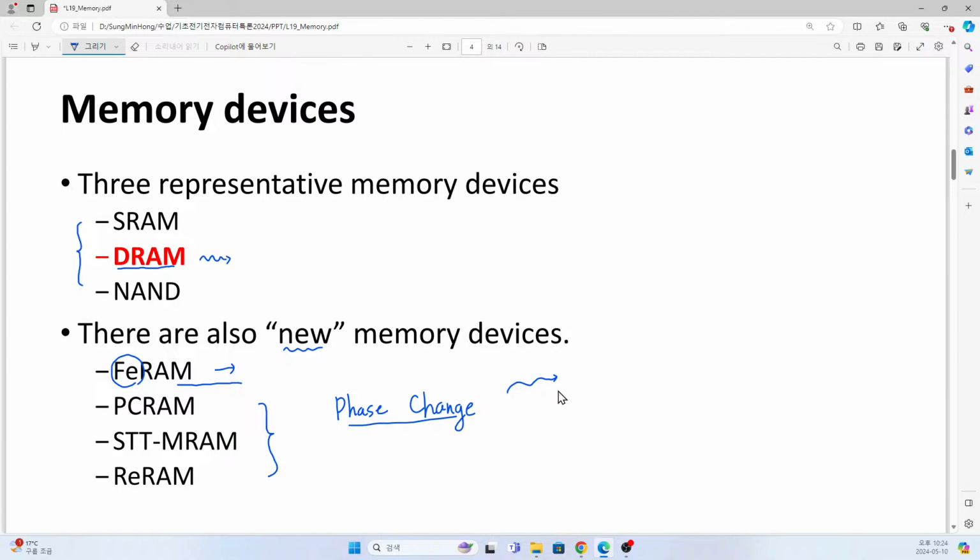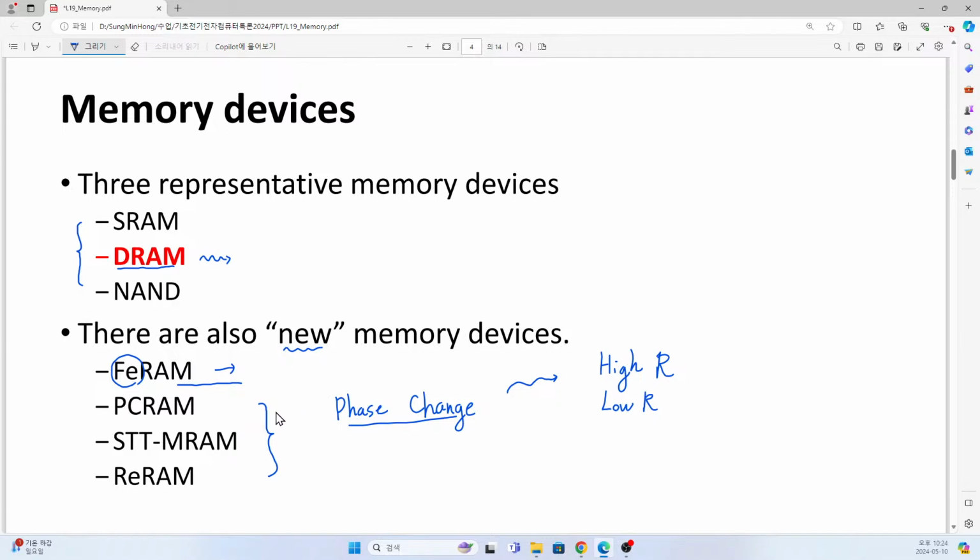Therefore, depending on its phase, it can show high resistivity or low resistivity. By using that property, this PCRAM gives us certain differences in resistance, and just by measuring the resistance, we can say whether logical 1 or logical 0 is written.